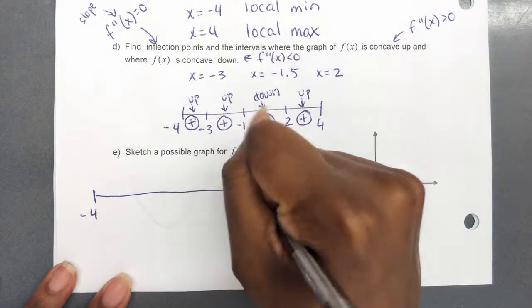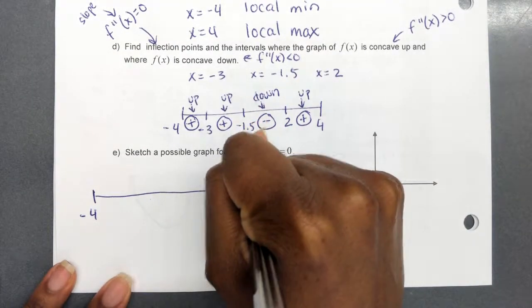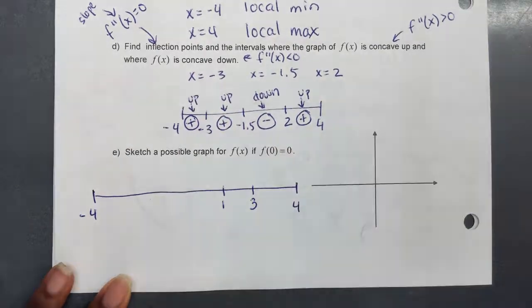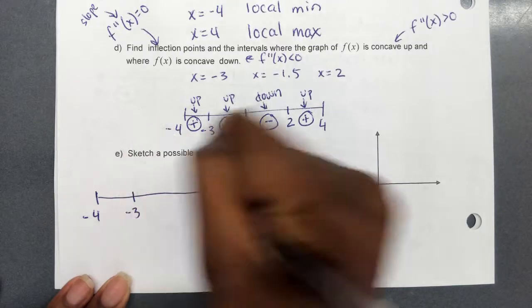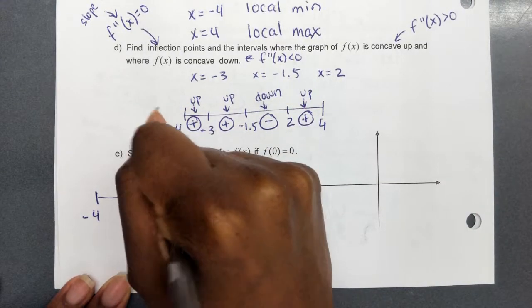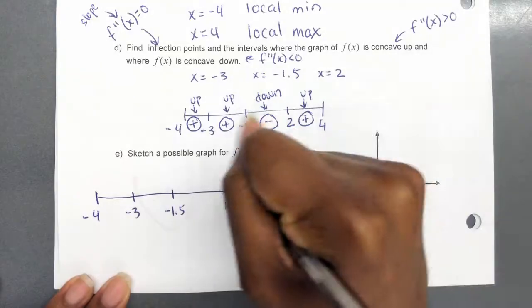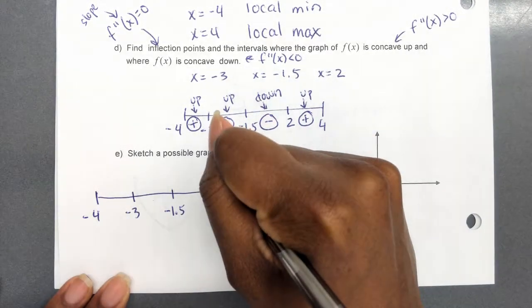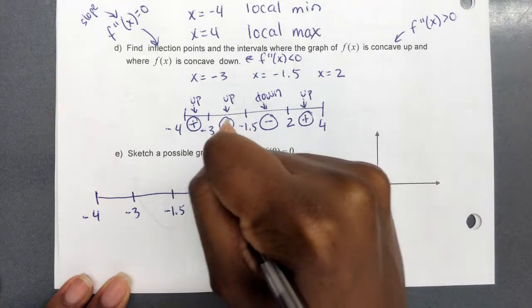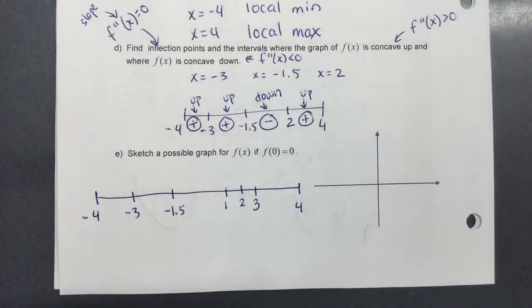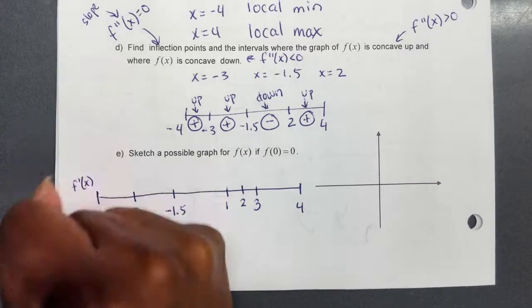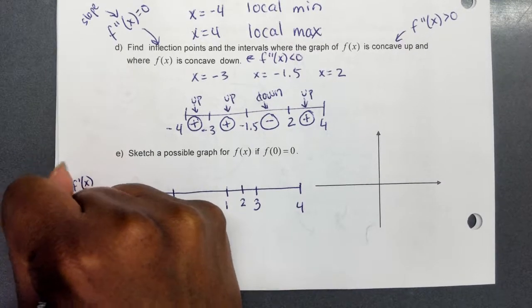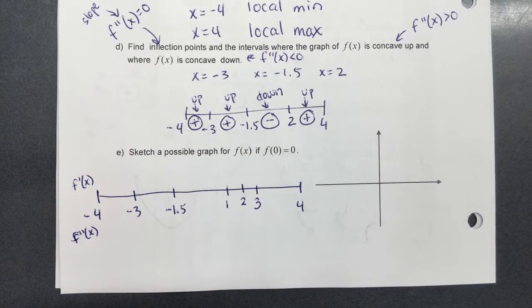Our critical points are 3 and 1, and our inflection points are -3, negative 1.5, and 2. Okay, so on the top, I'm going to put my first derivative test. On the bottom, I'll put my second derivative test, and I'm going to use both of those pieces of information to help me sketch this graph.